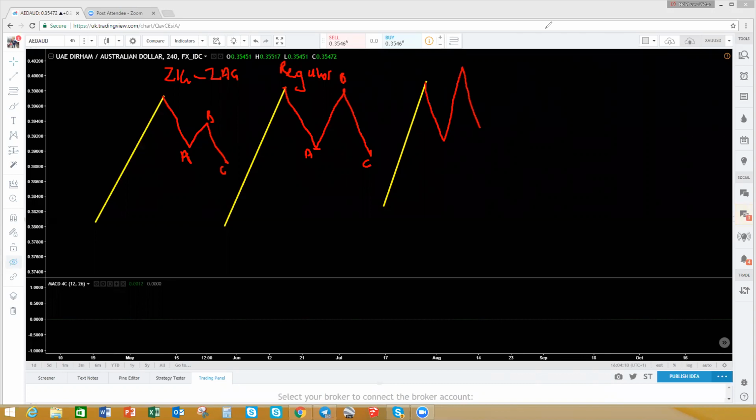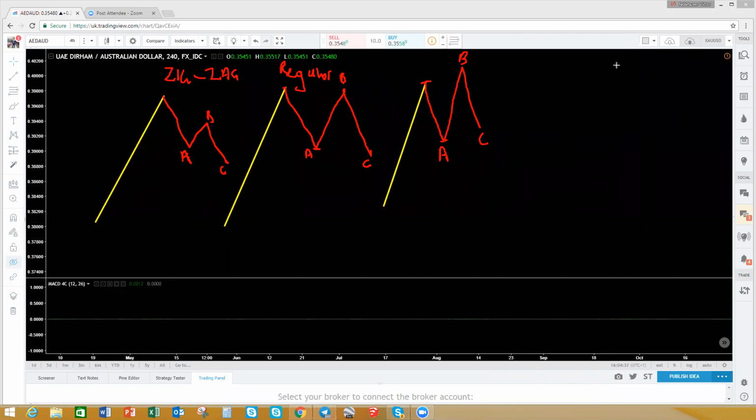The difference between this one and the previous one is it's still an ABC. All flat corrections are 3, 3, 5s. Okay, so this one is a running flat. It breaks the top of the impulse, but does not come and break the A. Okay, same scenario. 3, 3, 5. Okay.